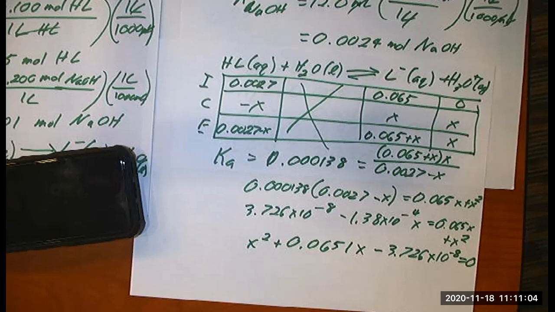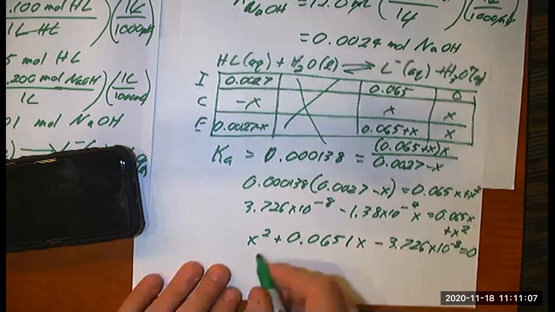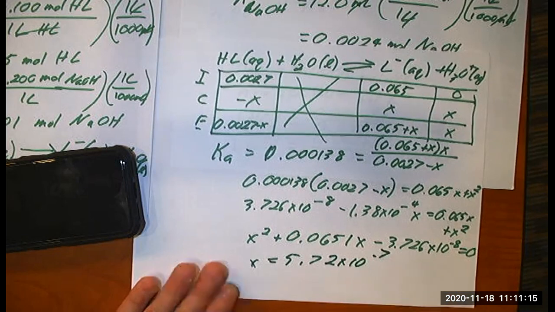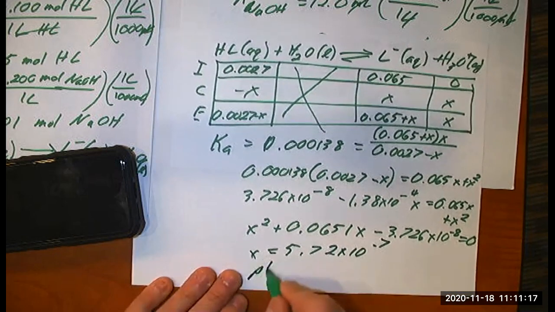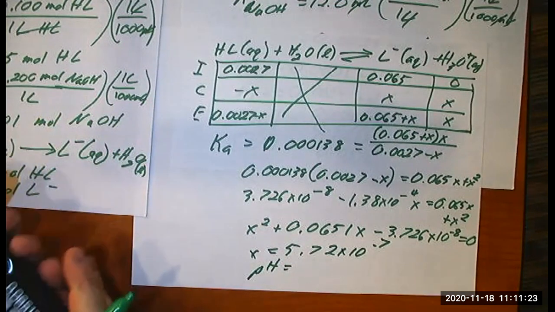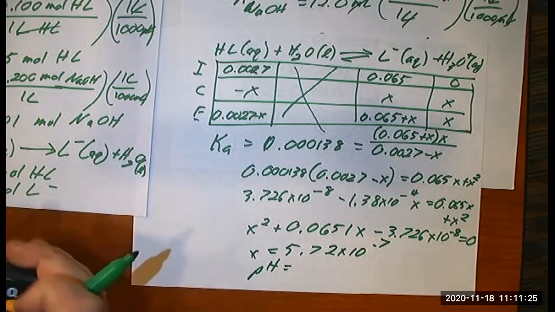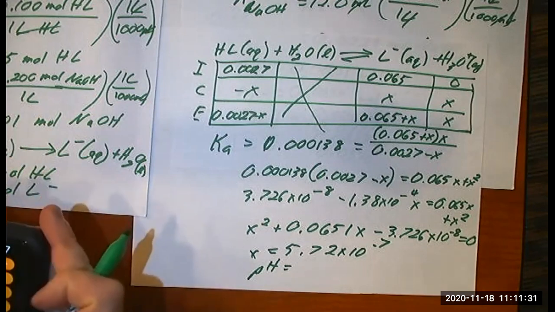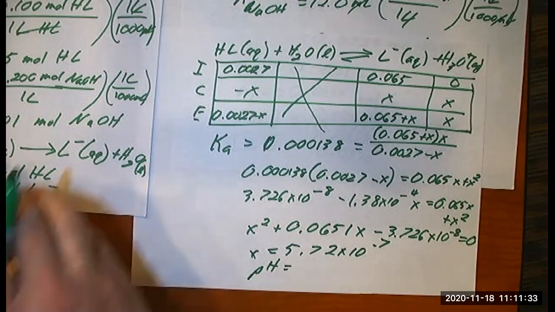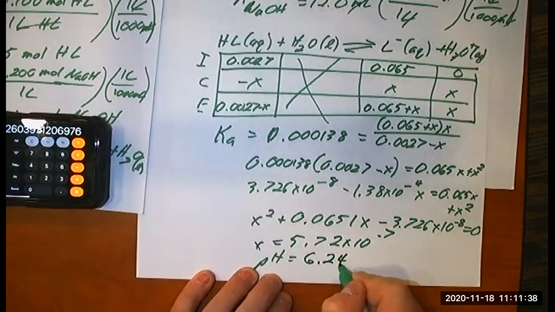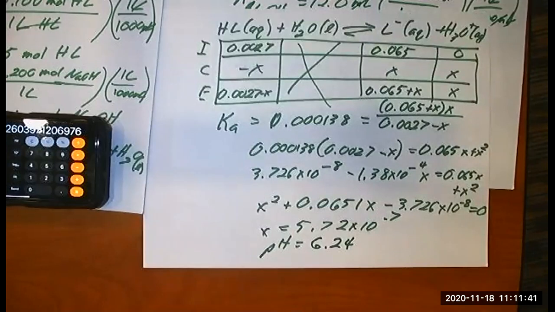And we get one positive answer where x equals 5.72 times 10 to the negative 7. And so our pH is going to be the negative base 10 log of that. So the negative log of 5.72 times 10 to the negative 7, and we find that our pH is going to be 6.24. Okay.